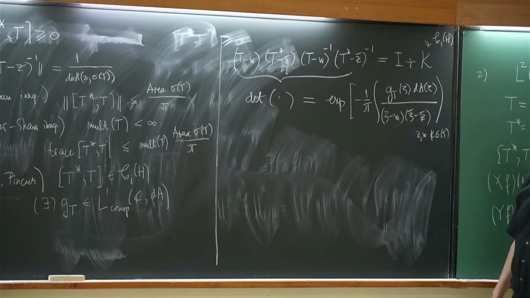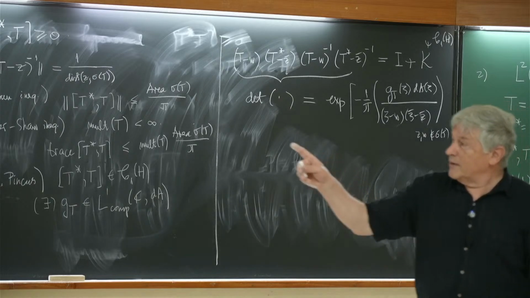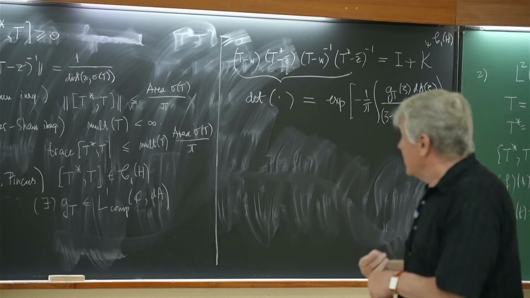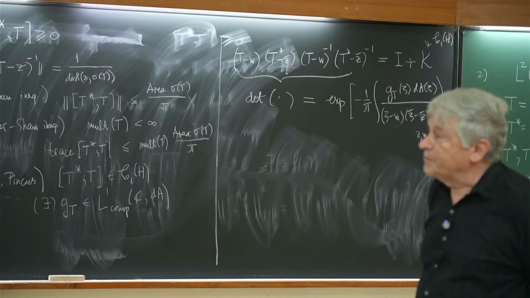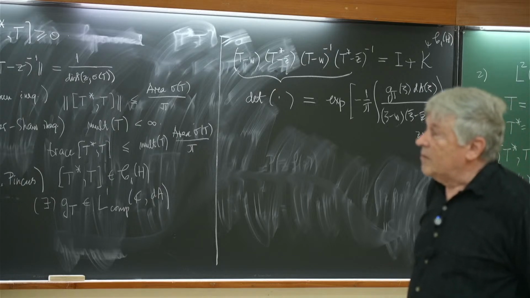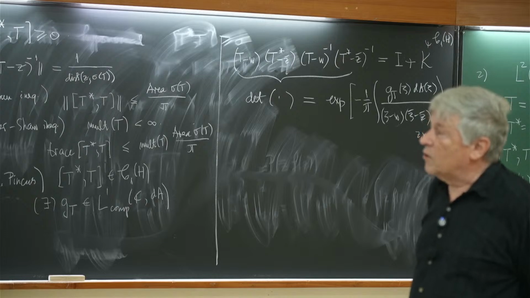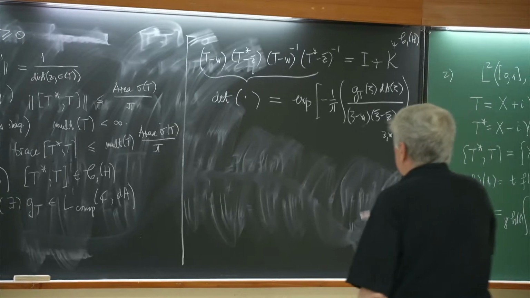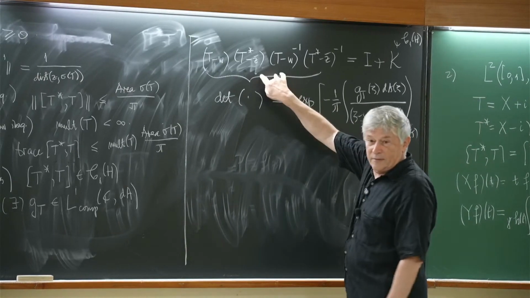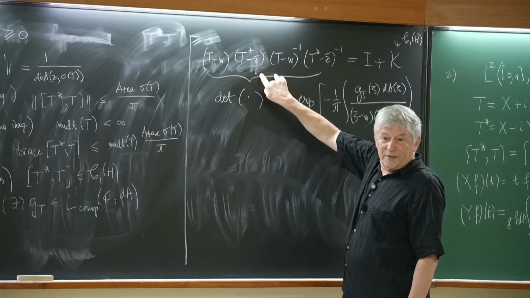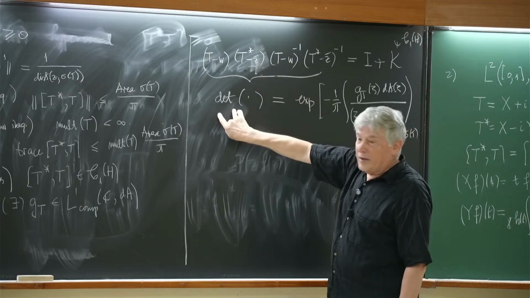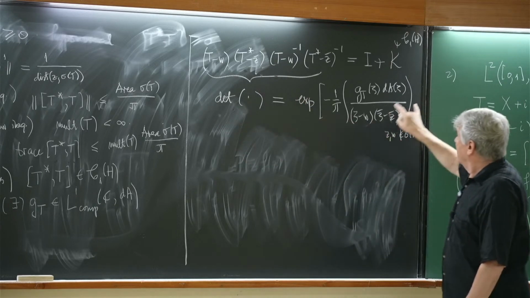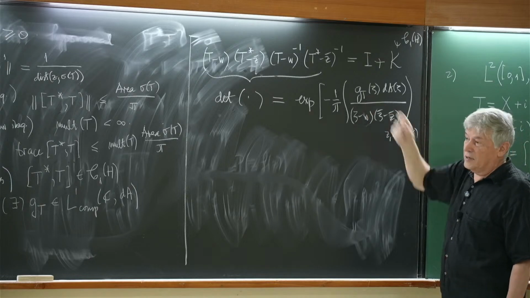Sounds familiar. Let's look a little on the left. We have the determinant of the perturbation resolvent, the quotient of the two resolvents, is related here by the multiplicative commutator. The determinant is equal to the exponential of a function which is in L1.